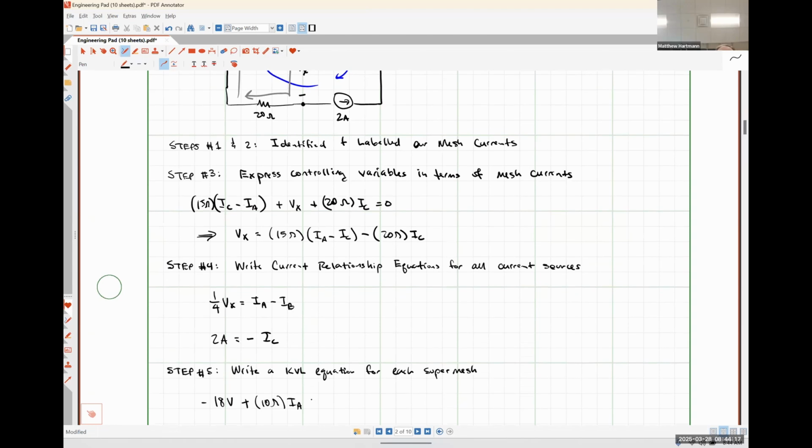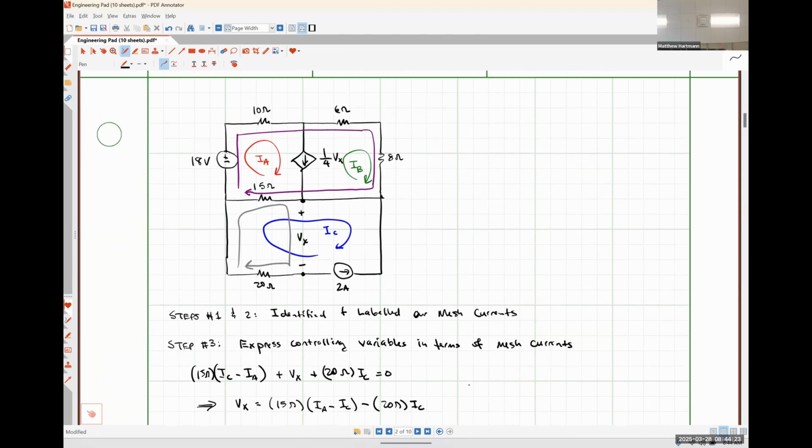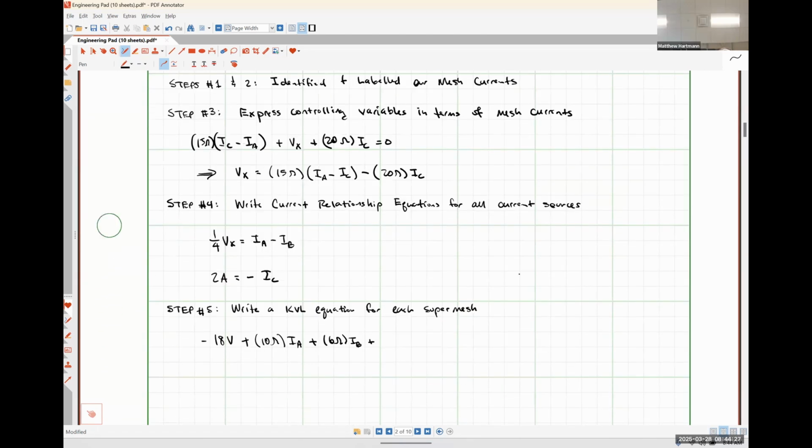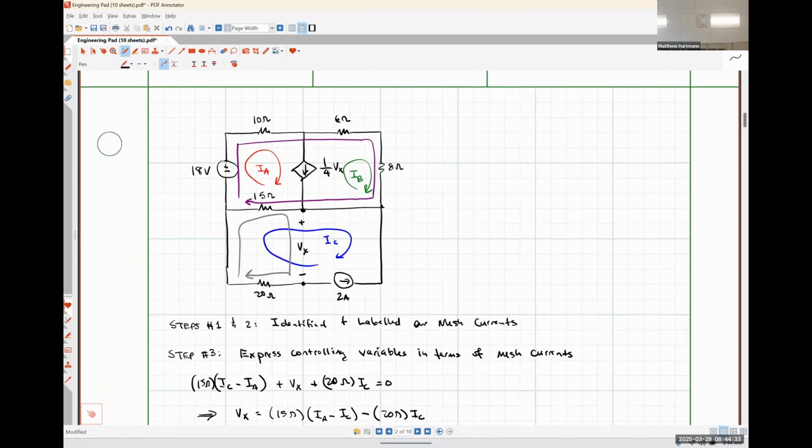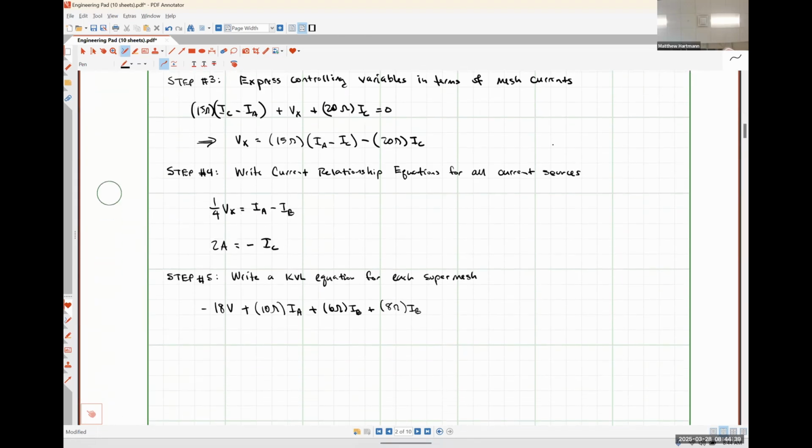All right. What comes next? 8 ohms times IB. And what comes next? 15 ohms times (IA minus IC). Great job.